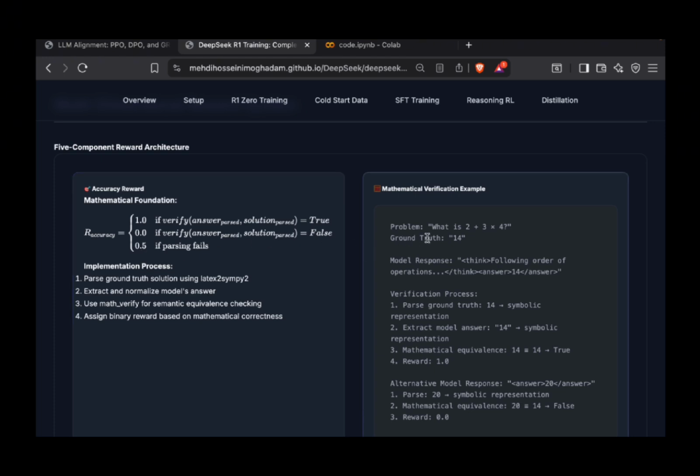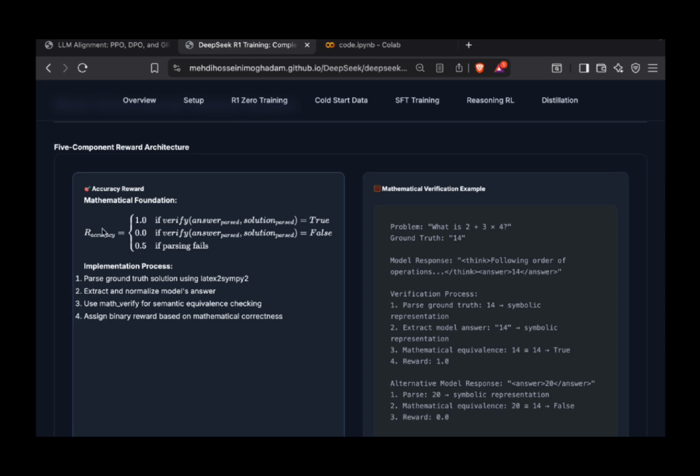So for example, imagine the problem is, what is 2 plus 3 times 4? The ground truth is 14. The model response would be in the think and answer tags. The verification process would parse the ground truth 14 into its symbolic representation, extract the model answer, which is 14, again in symbolic representation, and mathematically they are the same.